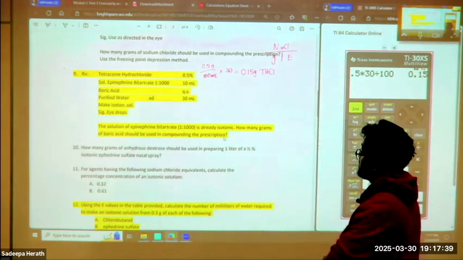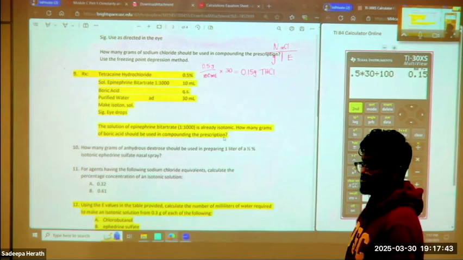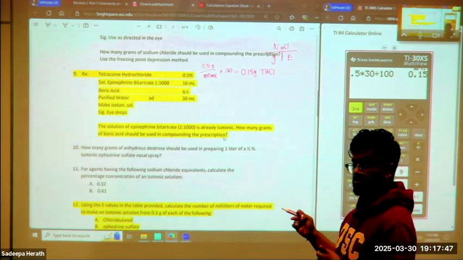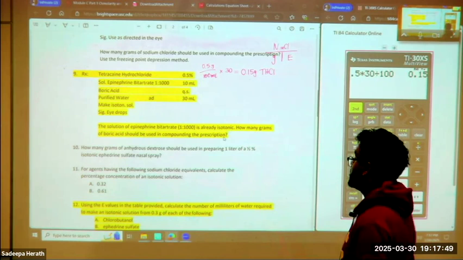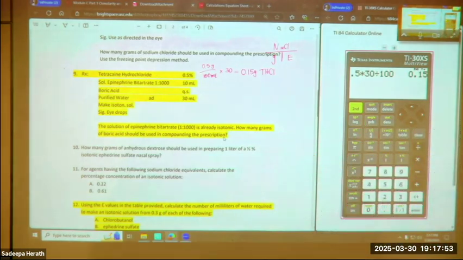So that's how much tetracaine hydrochloride there is. We need to find its NaCl equivalent, right? Because that's how we isolate for isotonic solution. So go back to our chart. Remember that it's tetracaine hydrochloride.